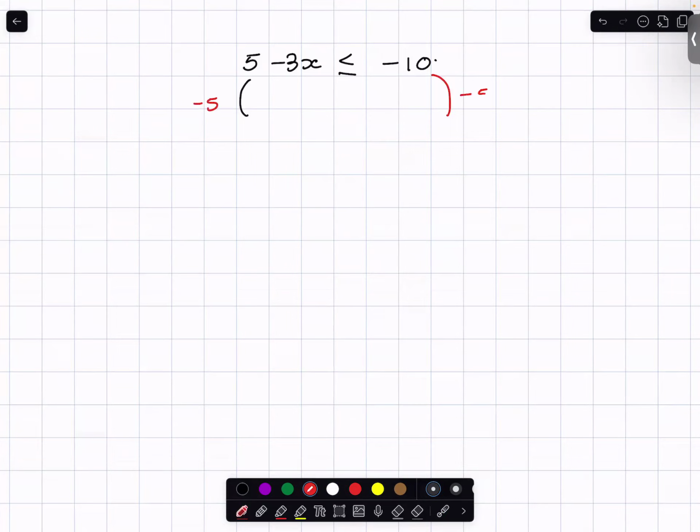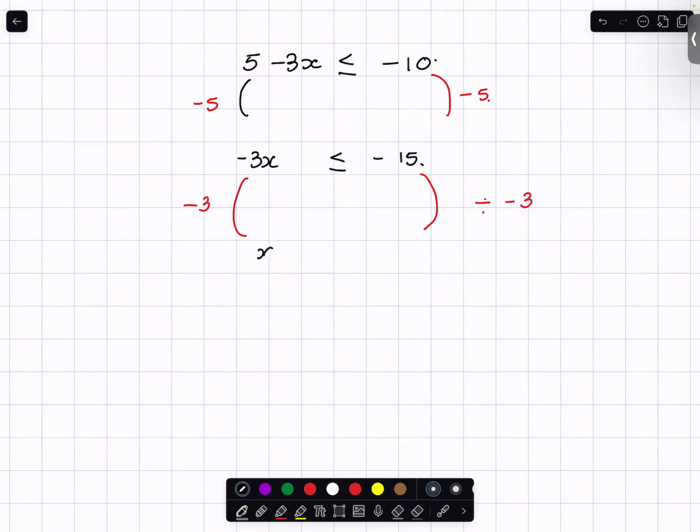Minus 5 and minus 5. So what I will get is minus 3x less than or equal to minus 10 minus 5, which is going to make it minus 15. Now I'm going to divide by minus 3, minus 3.